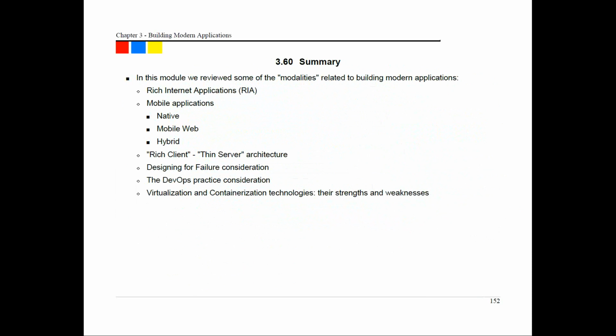That decomposition is often informed or guided by architectural styles and architectural patterns. And then we talked a little bit about application architecture in modern times and the move towards microservices and RESTful APIs and integrated front-end or rich interface applications.